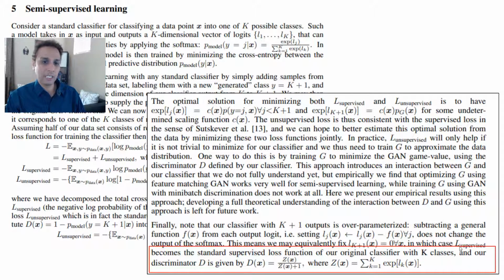So the supervised loss becomes the standard supervised loss function of our original classifier with k classes, right? So this is our supervised because we have k number of classes. So first you define a supervised model, and then to convert that into unsupervised, all you need to do is just add this layer. I'll explain that in a second again.